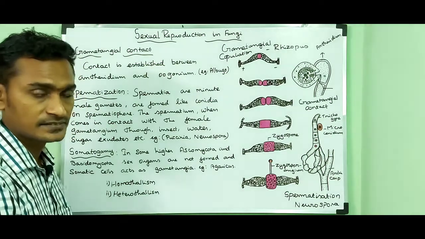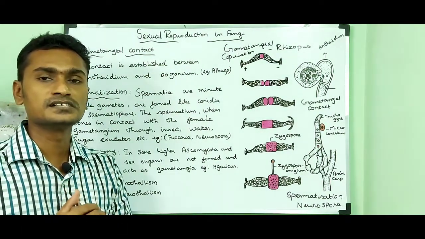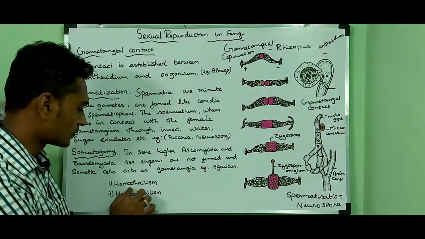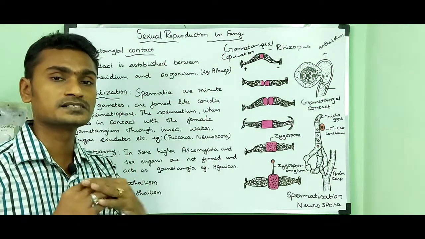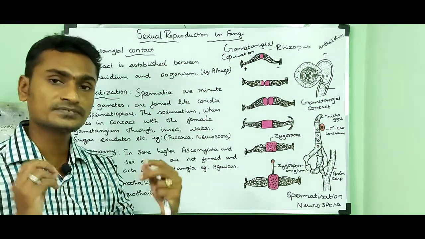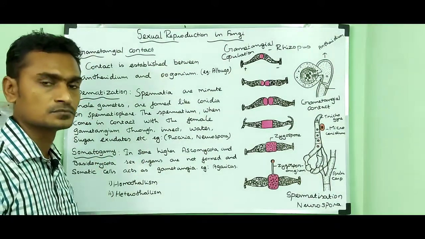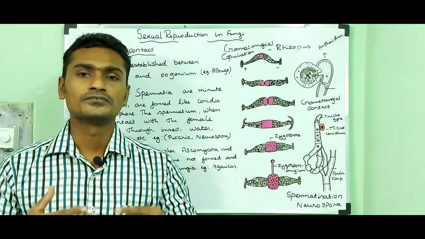Example, agaricus. Somatogamy may occur between the cells of the same hypha, and that condition is called homothallism. If somatogamy occurs between the cells of different thalli, it is called heterothallism. So that's all about the sexual reproduction in fungi.